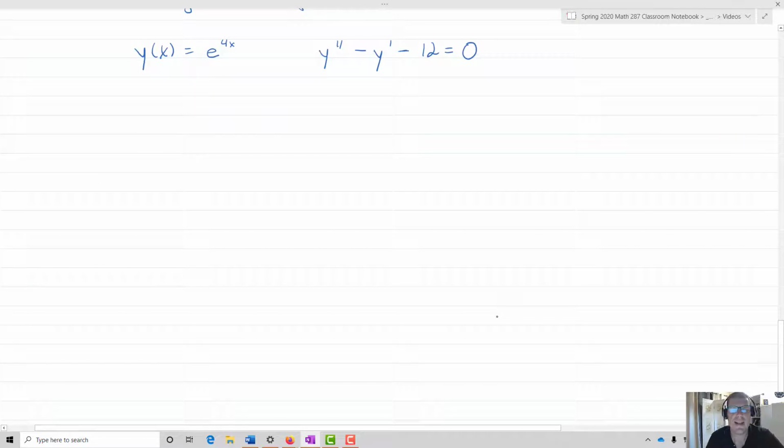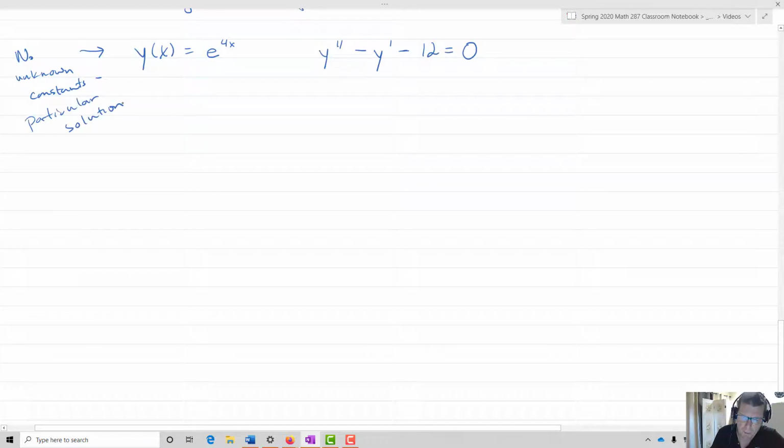So let's take an example. This function, y of x equals e to the 4x, and this equation, y double prime minus y prime minus 12y equals 0. Notice there are no unknown constants, so this is a particular solution.